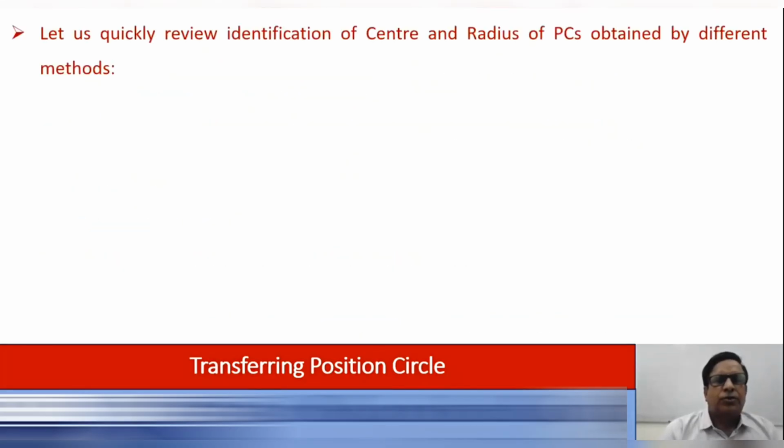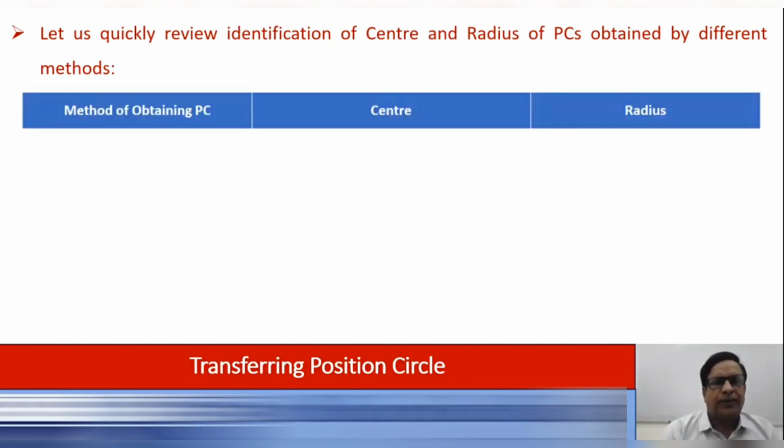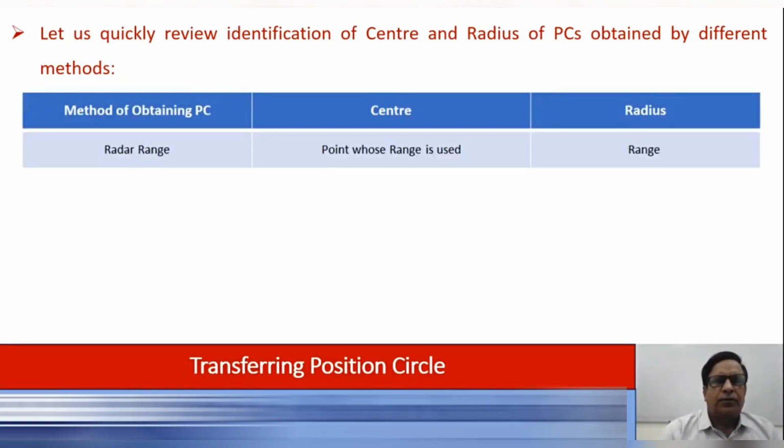Now, let us quickly review the identification of a center, because as I said earlier, the center of the position circle shall depend on the method which has been deployed to obtain the position circle. Now, if we have got a position circle by radar range, then the object whose range has been measured by radar acts as the center.